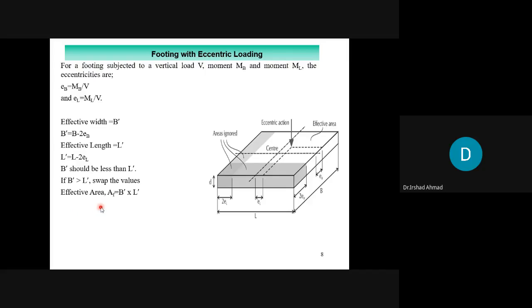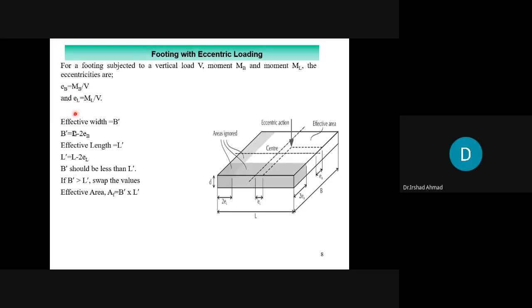Effective area of the foundation would be equal to B prime into L prime. So this reduced area should be used to transfer the vertical loads to the ground. If instead of eccentricity, moments are given in the L and the B direction, you divide the moment by the vertical load to get EB, and divide the moment in the L direction by the vertical load to find EL.